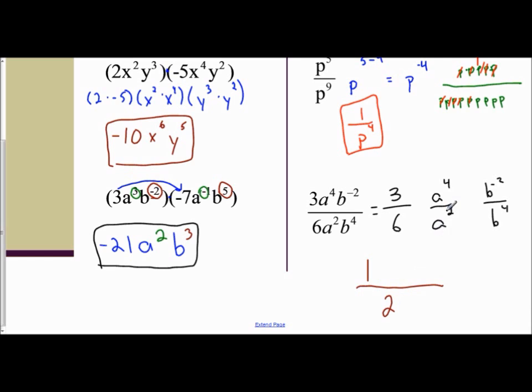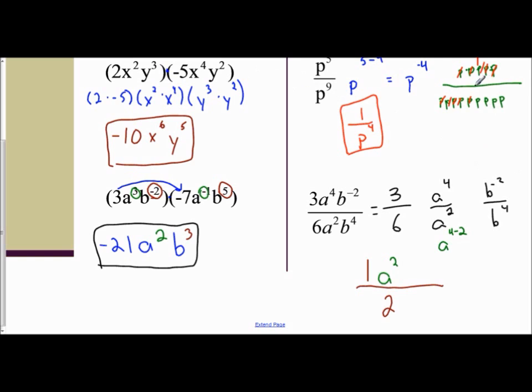Now I'm going to work with a to the 4th over a squared. You are dividing like bases, so you subtract your exponents. So you're going to have a to the fourth minus 2, and that gives me a squared. Now again, we see we have another negative exponent.